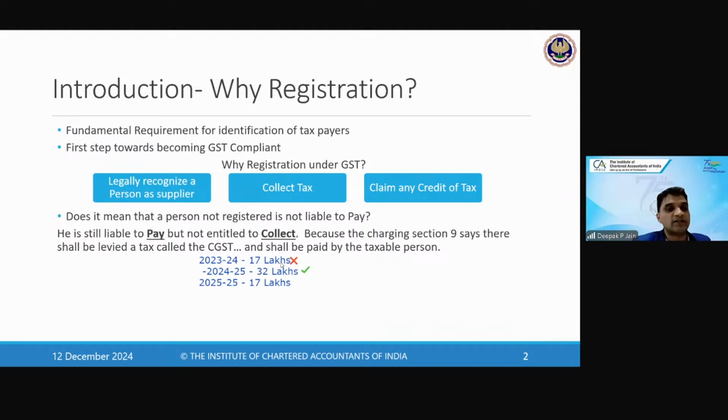You will not get any exemption. You will not get any benefit if your turnover falls below also. So that is the beauty of registration: once you register, you're always there.